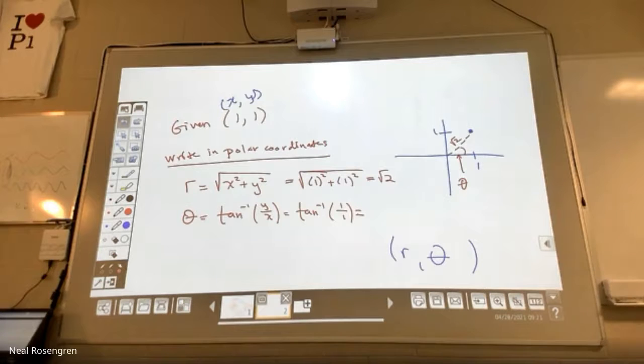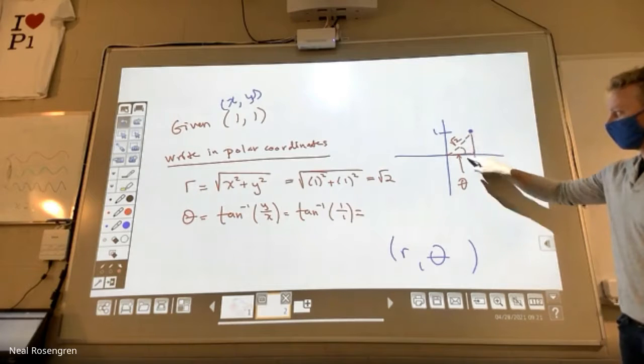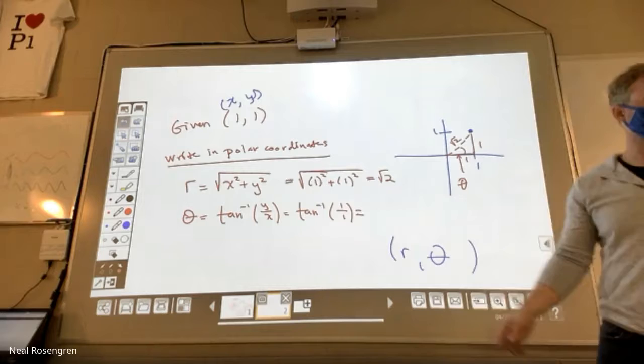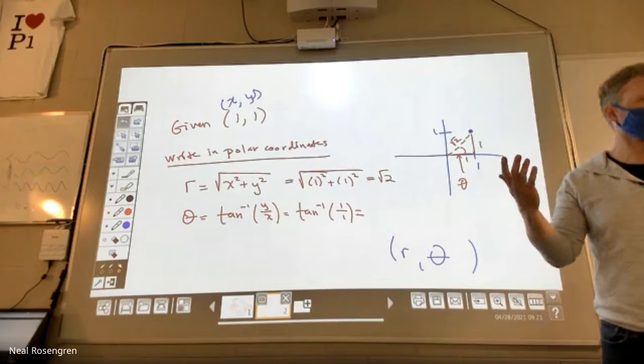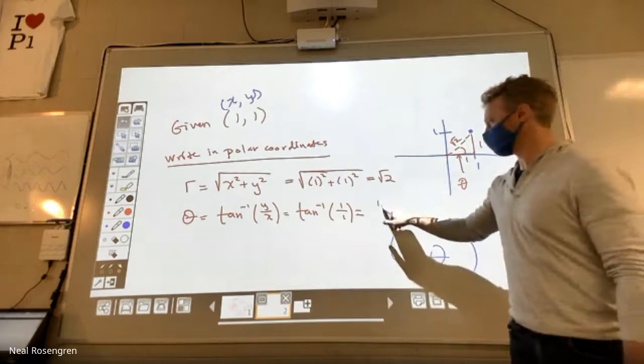Does anybody know? What's that? 45 degrees. It's 1, 1, radical 2. It's isosceles. It's got to be 45 degrees in there. So radians though. What's 45 degrees in radians? Pi over 4. Okay.